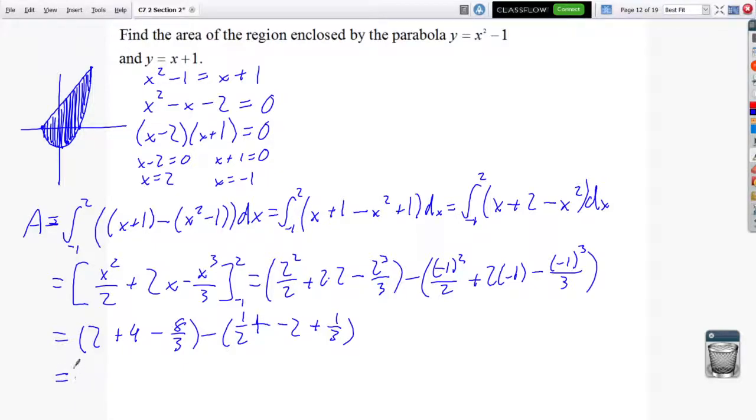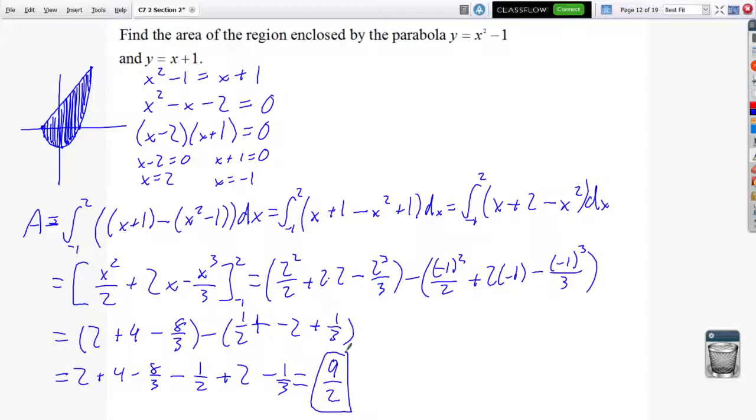So 2 plus 4 minus 8/3 minus 1/2 plus 2 minus 1/3. Is this going to be the exact same value? Dang it. 2, 6, 8 minus 3, 5 minus 1/2. 9/2 again. So the area is 9/2 square units.